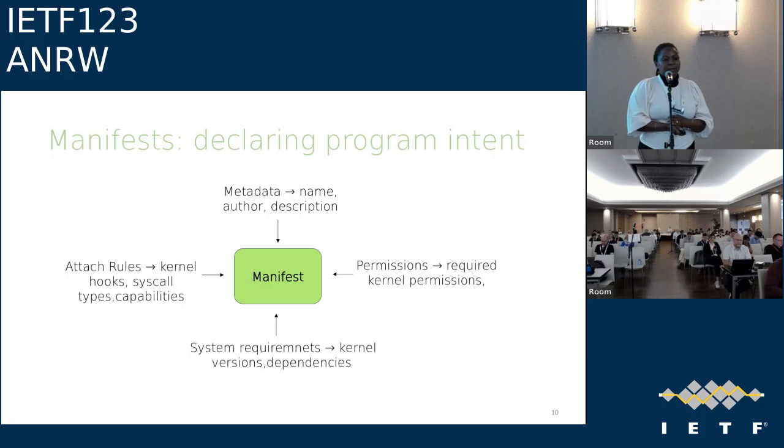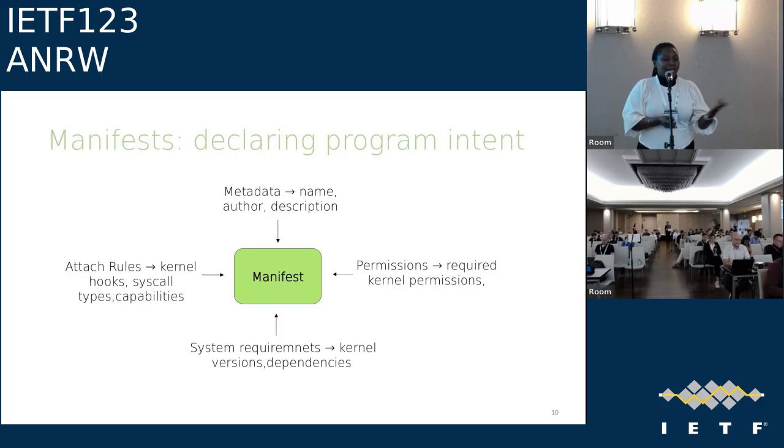A manifest is a structured file that declares what the program is meant to do. Rather than relying on informal documentation, we have a manifest that is human readable, machine readable, and at the same time can enforce policy. So what does the manifest contain? It has the metadata: the name, the author, and a brief description. This is good for human review and probably traceability later.